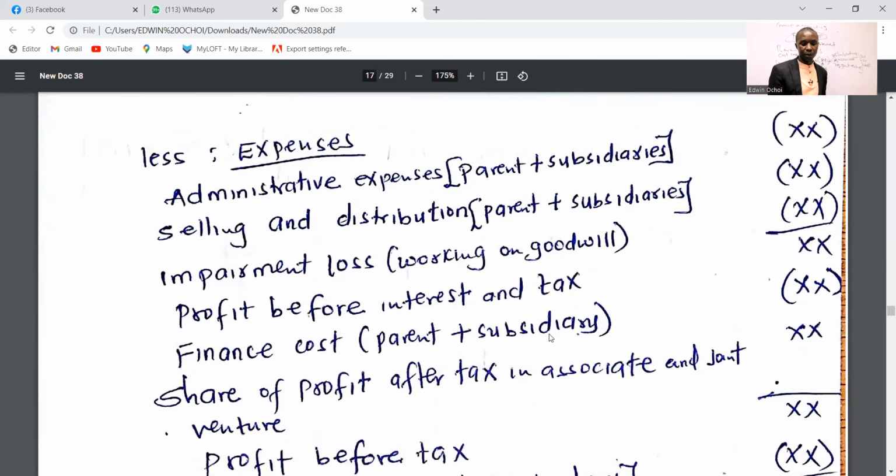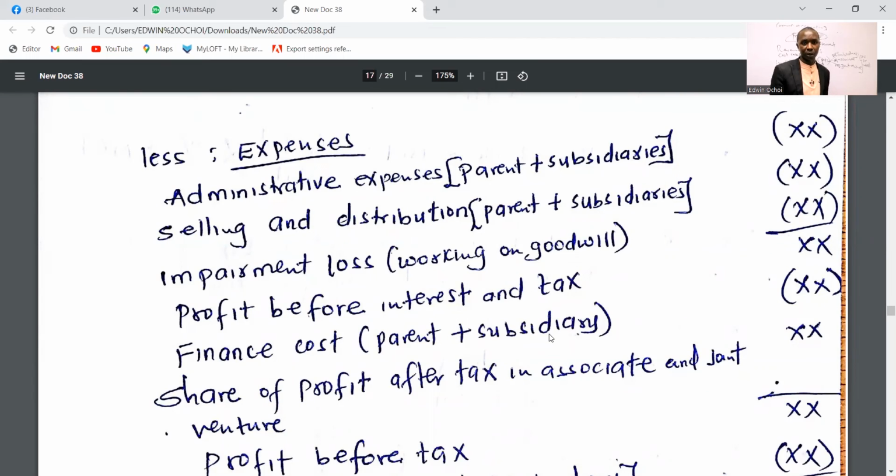Then again, here you introduce what you are getting from the associate or a joint venture as the parent. So after those associates and the joint ventures paid tax, you are entitled to your share. So if it was 50% in joint venture, you take that 50% of the profit after tax in the joint venture as your income.